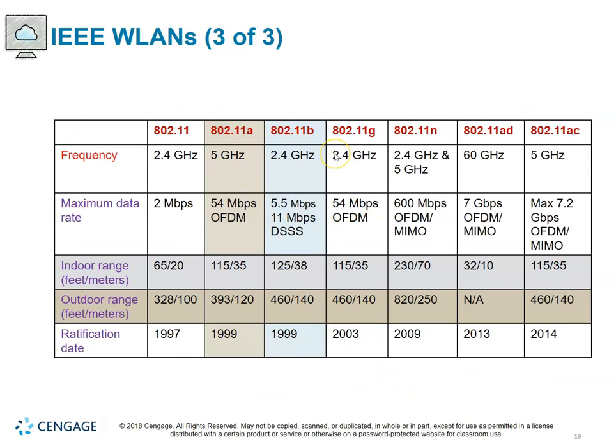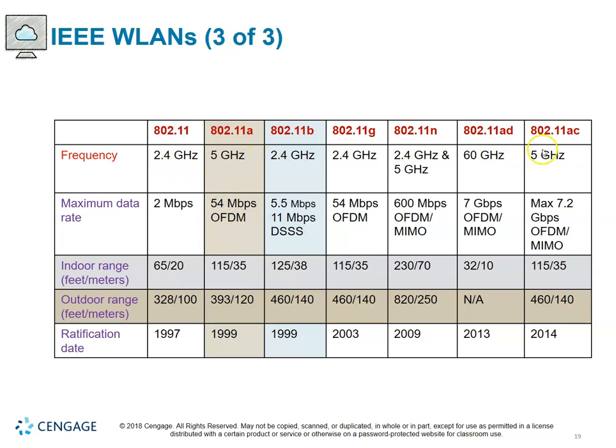So here's a table that compares them all. These are the standards you see across the top. You can see the ratification date in the row at the bottom, and by and large, as we go to the higher letters, if you will, and letter combinations, we're working further into more recent times here. You'll notice also general improvement in all of the categories as we move from left to right.